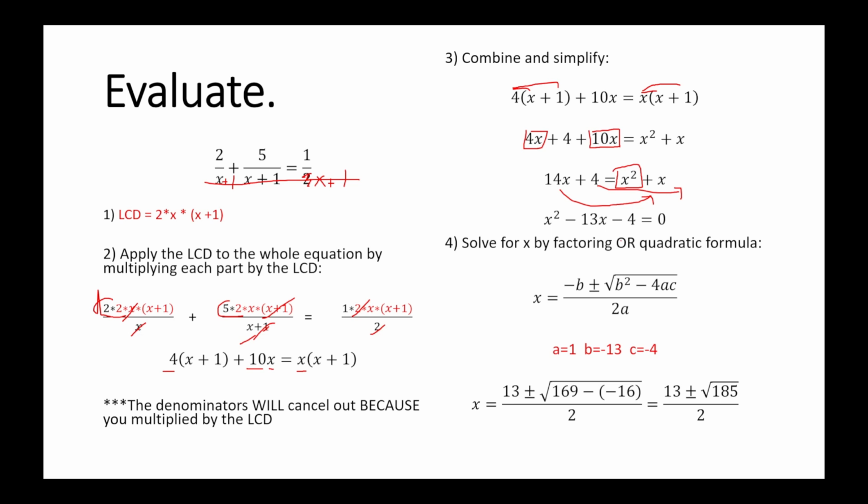B squared, that's negative 13 squared. That ends up being 169. Negative 4 times 1 times negative 4. That'll be minus negative 16. Again, two negatives make a positive. So we'll have 169 plus 16. That'll end up equaling 185. That now is underneath the square root. And so this ends up being our final answer.